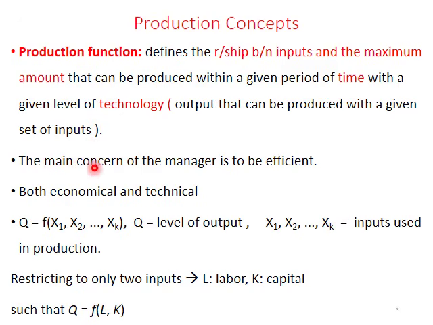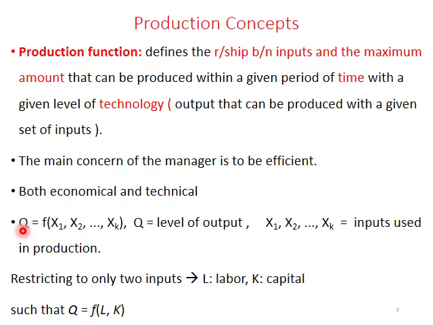As we know, the main concern of the manager is to be efficient both technically and economically. So, to achieve that efficiency, a manager needs to ensure the production function. That means the relationship between the input and the maximum output.